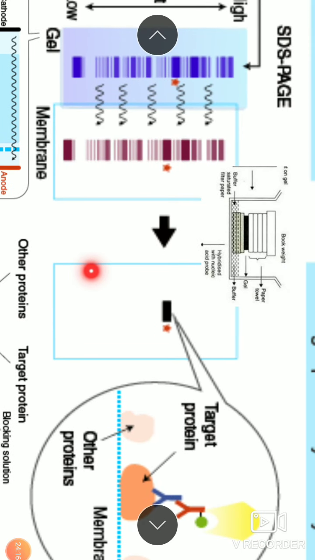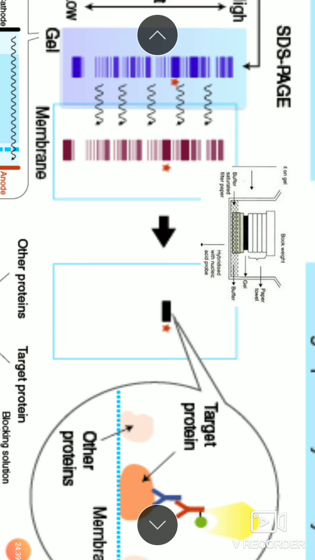So how do they transfer? When the movement happens, the proteins are negatively charged, so you have the positive electrode above and the negative electrode below. On the negative electrode below, you put wet tissues, and on top of the wet tissue you put the gel.